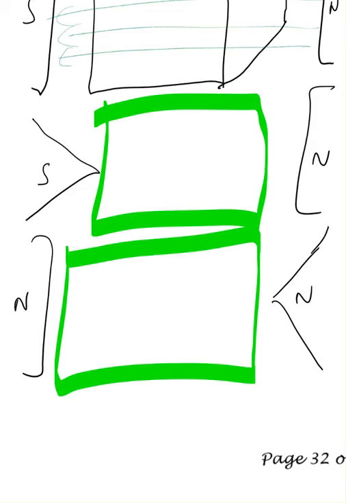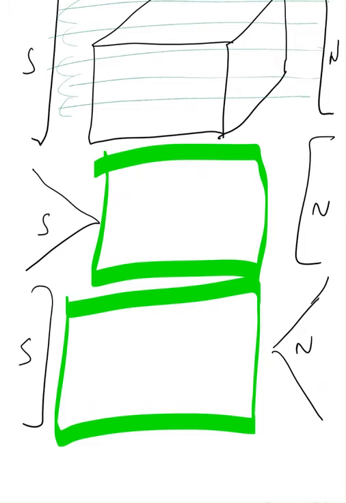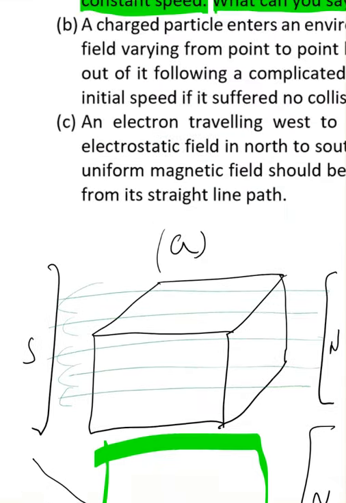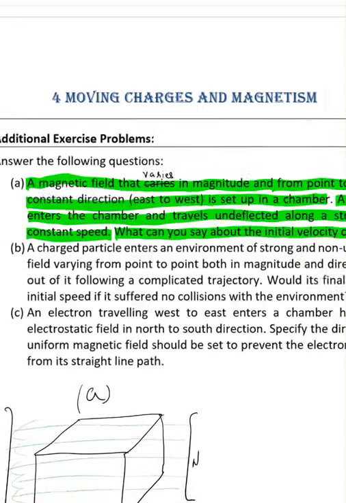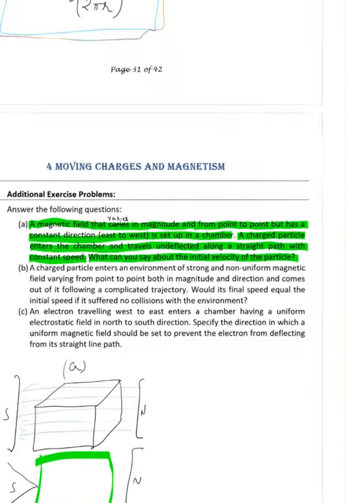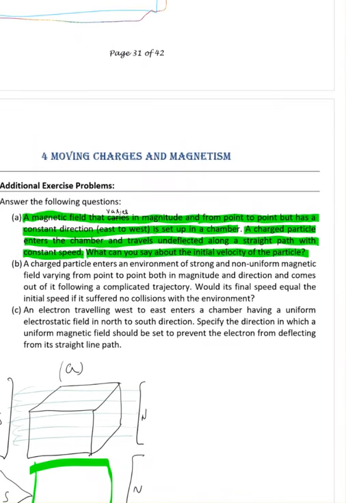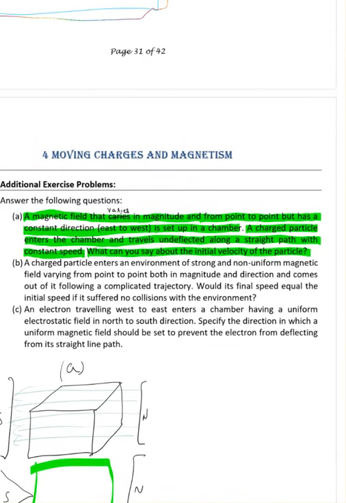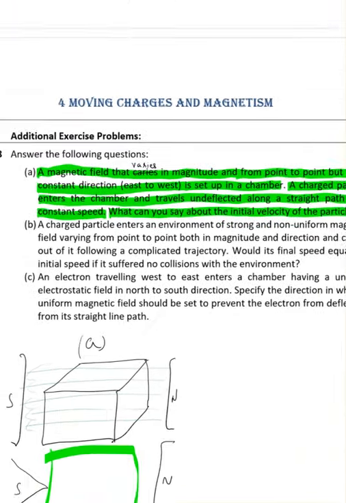But sorry, it should be south here. But in all the three cases, the magnetic field is from our right to left, or else you may say it is from east to west. And for this situation, what are we told? We are told that a charged particle enters the chamber and travels undeflected along the straight path. What can we say about the initial velocity of the particle?